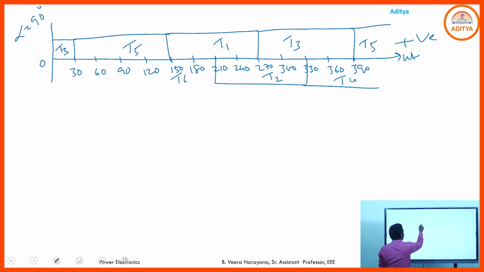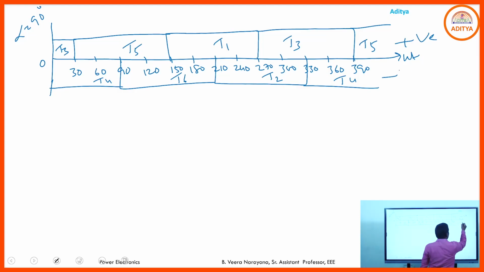Before this T2 we have T6, ending portion is 120. Then what is the starting portion? This one. And similarly 0 to 90 T4. So from this timing diagram, these are the conducting periods of the negative group SCRs. From this timing diagram, we will tabulate the voltage.